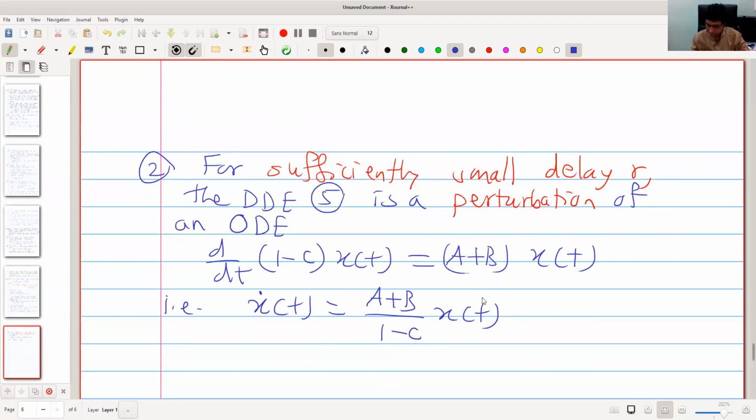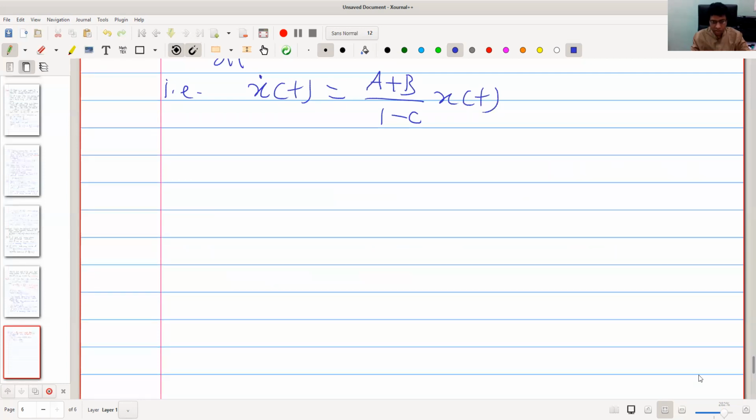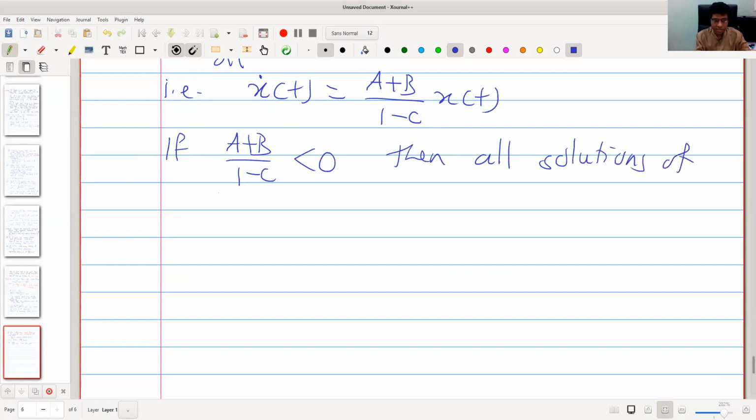We are assuming that this coefficient is negative. If (a plus b) upon (1 minus c) is negative, then all solutions of this ODE, ordinary differential equation, tend to 0 as t tends to infinity.